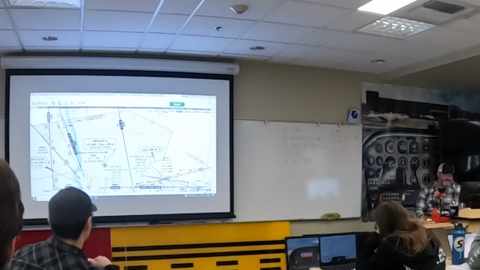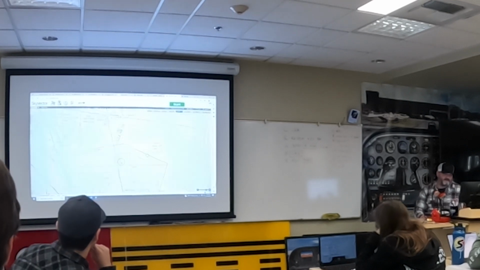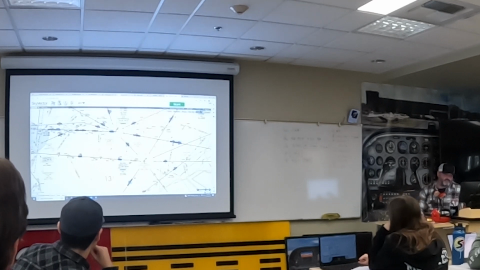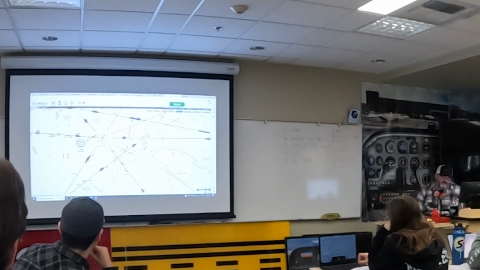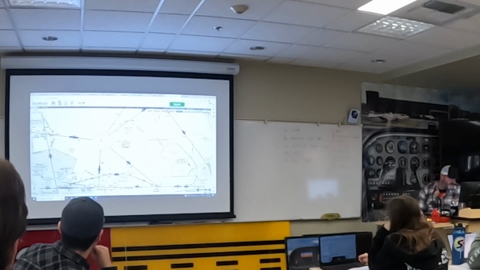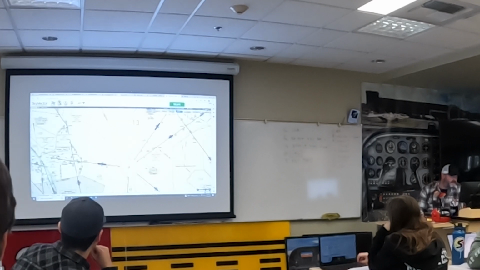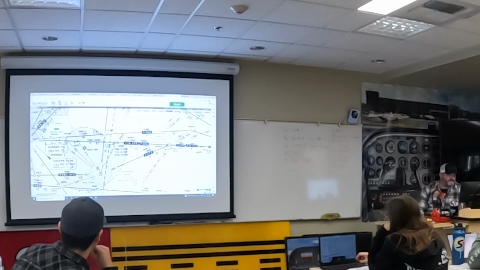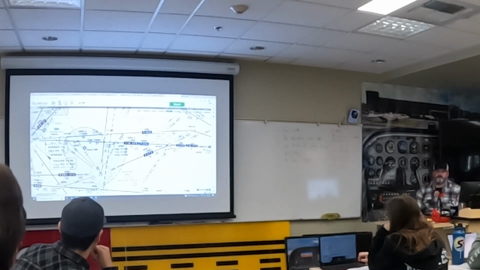But now if we look up here, we actually do have some what are called joint use fields. And a joint use field would be like March. And March would be located right up here, like this. See, now this one is blue.